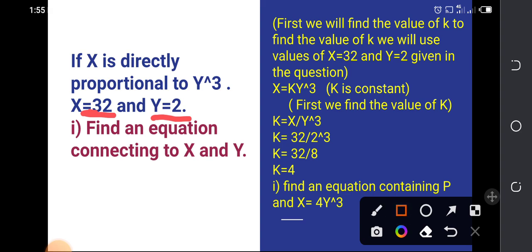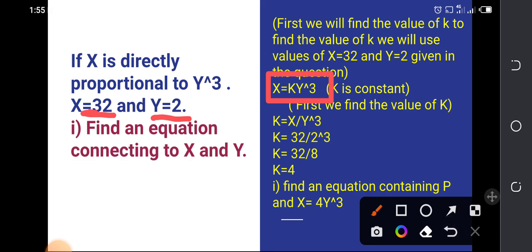According to the question, x is directly proportional to y cube, so the equation will be x is equal to ky cube, where k is constant. To find the value of k, we move y cube to the left-hand side, so k is equal to x upon y cube.